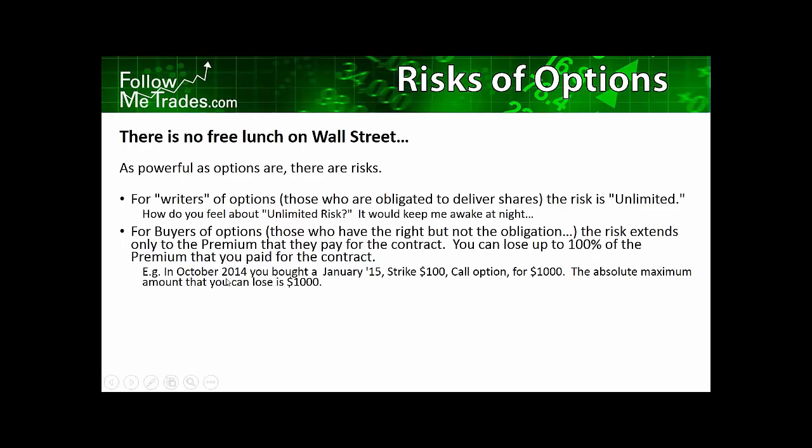Let's say, this is the Apple example, you bought this January 15 strike price 100 call option. You spend $1,000 on it. The absolute maximum that you can lose is $1,000. Now, how do you control the risk of that? Well, don't spend more on the premiums than you can afford to lose. That's a really simple strategy. Now, there are some more advanced strategies for that, for sure.